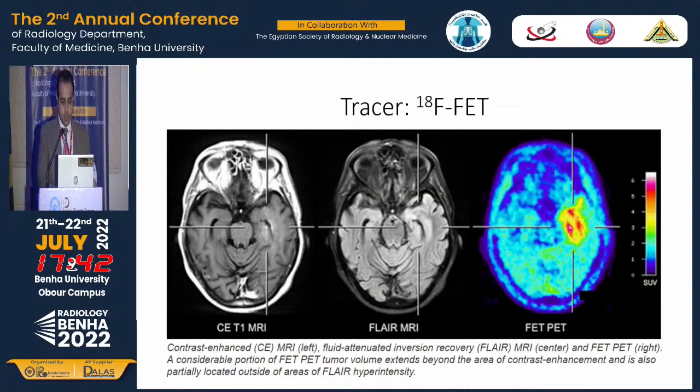This case is using fluorine fluoroethyl tyrosine. As we can see here, a considerable portion of the FET PET tumor volume extends beyond the area of contrast enhancement and is also partially located outside the areas of FLAIR hyperintensity.